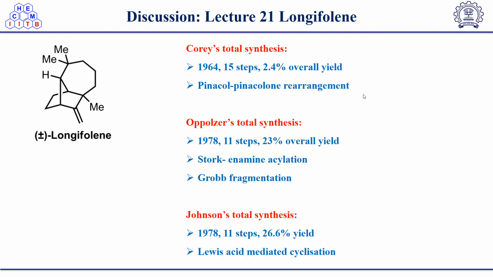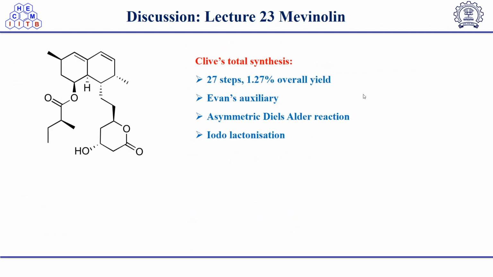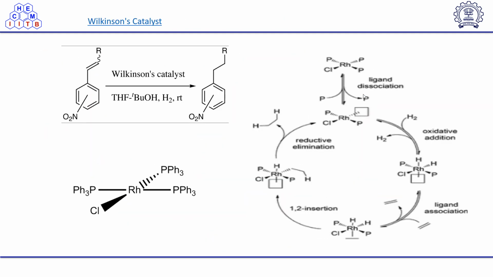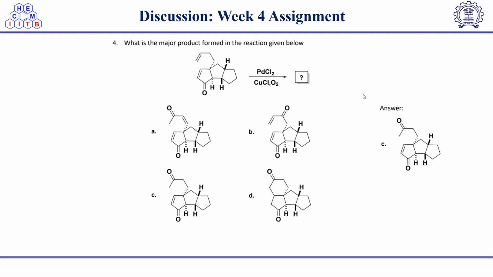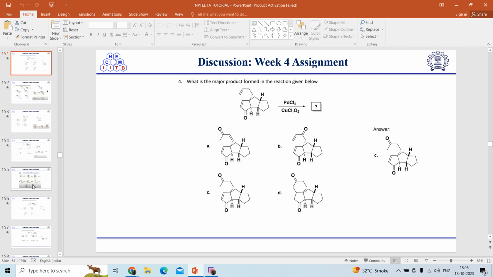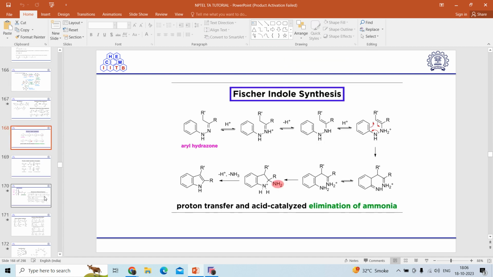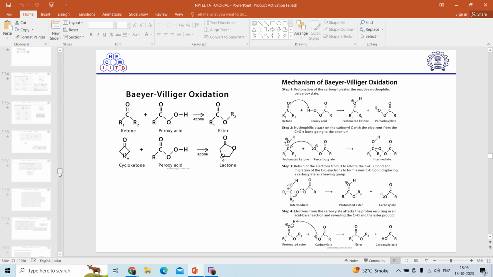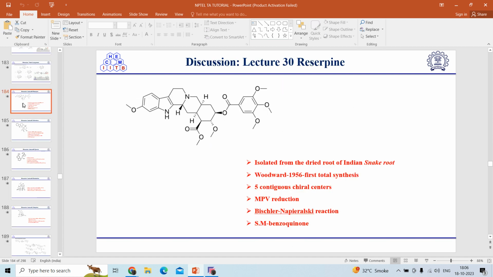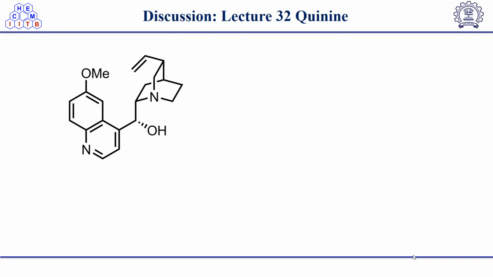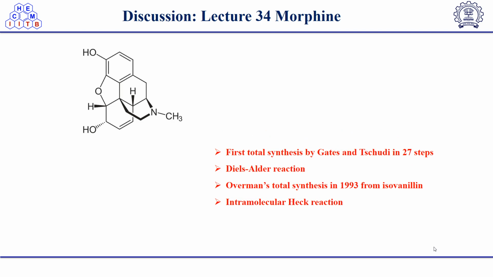Then our discussion moved towards the total synthesis of longifolene, carpanone and mevinolin, then gibberellic acid. Then the discussion was about some other natural products like reserpine, yohimbine, quinine, dendrobine, morphine.